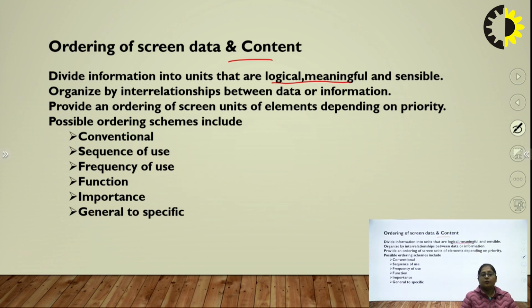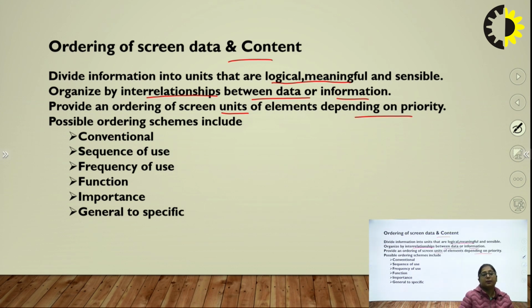If you have a large amount of information, divide it into logical units. Then organize them by the interrelations between data or information, and provide an ordering of screen units or elements depending on priority.